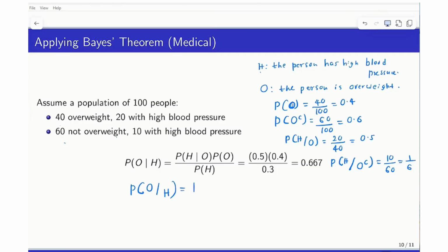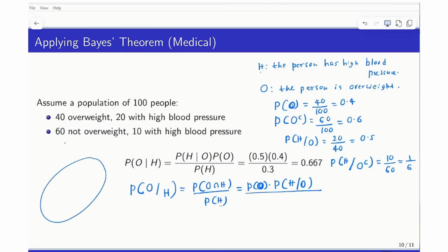We can write this as the probability of O intersect H divided by the probability of H. Then we can express the top as the conditional probability: probability of O times probability of H given O, divided by the probability of H, that means high blood pressure.